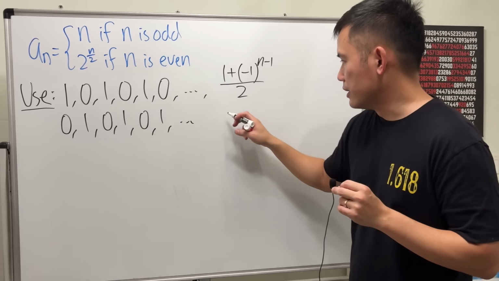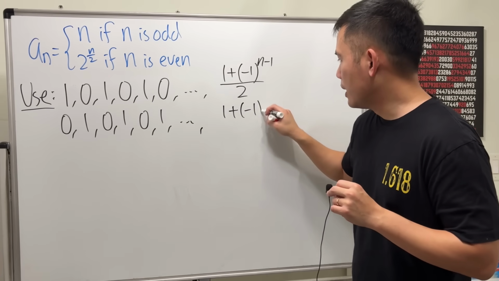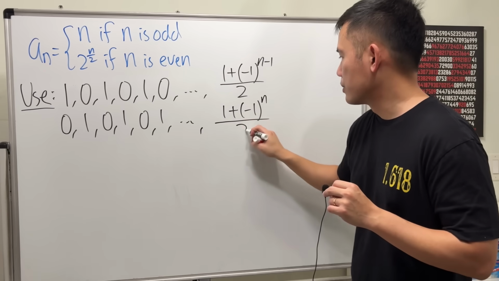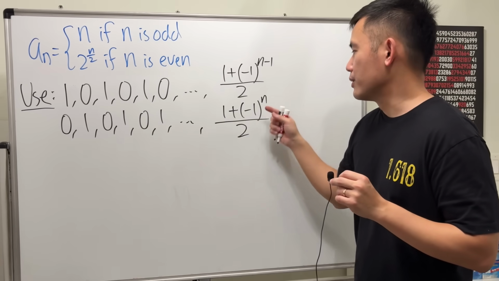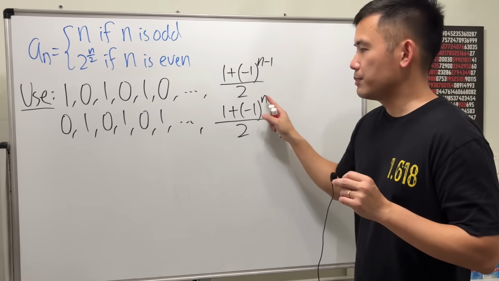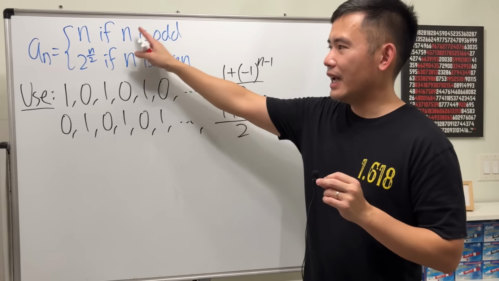I'll just tell you the answer real quick. You should get 1 plus negative 1 raised to the nth power over 2. Just start with negative 1 first, so the only difference is the exponent. Alright, this is how we are going to get the a_n for that.